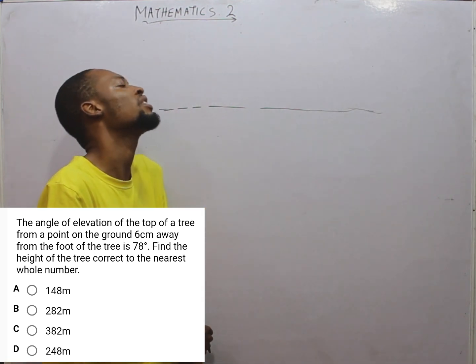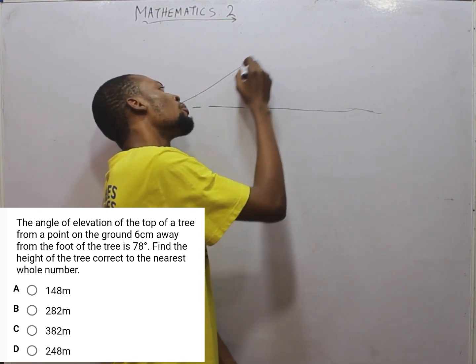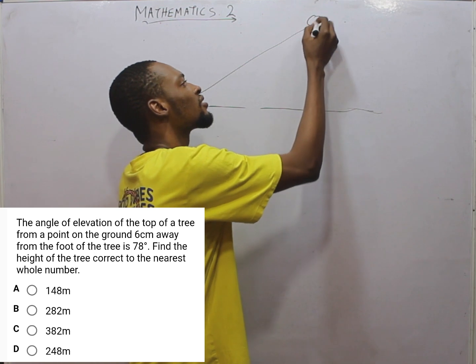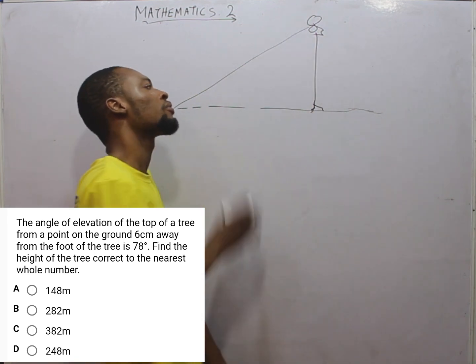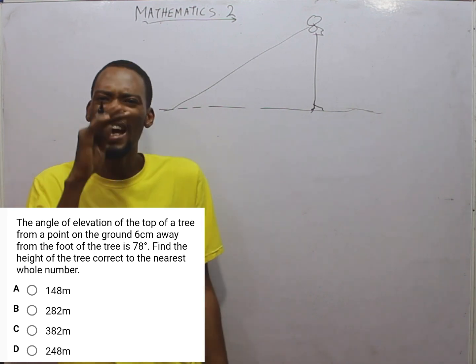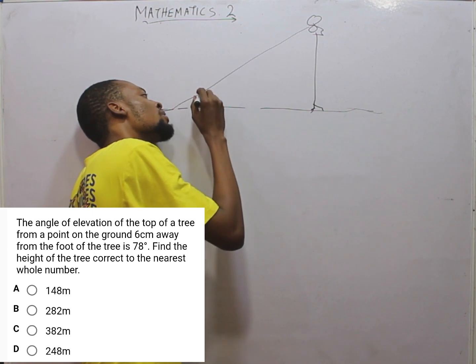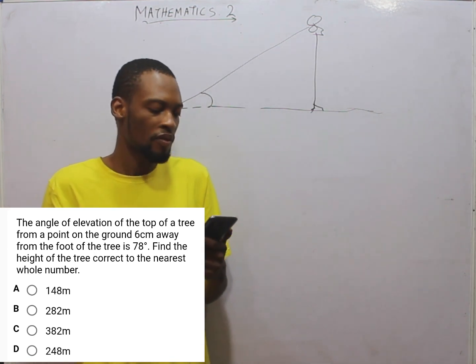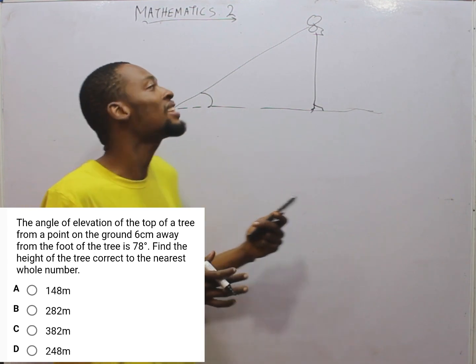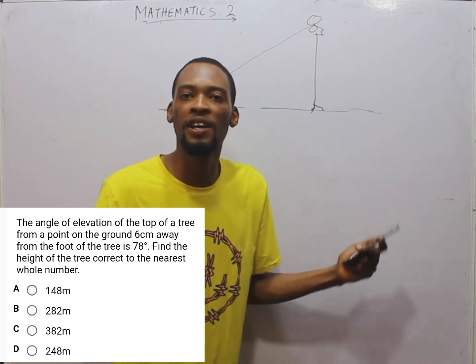Wow, this girl is pretty. Now, my eye is going up, and this is the height of the girl. So I'm looking at the top. The angle which my eye makes with the bottom and the height of something is referred to as the angle of elevation.